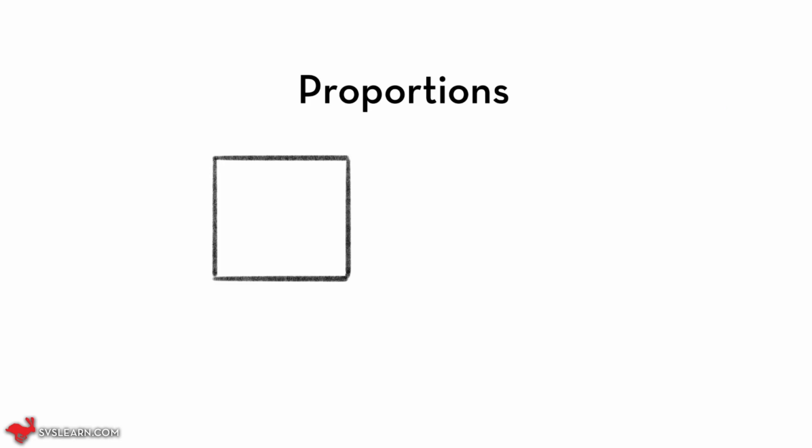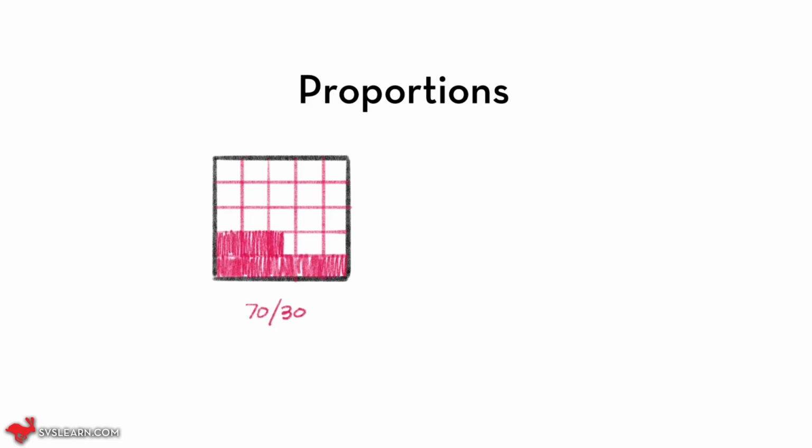The other thing I want to talk about is the 70-30 rule. If you take a square and you divide it into 25 squares, or essentially 100 squares, 70% of those squares are going to be uncolored, 30% are going to be colored.